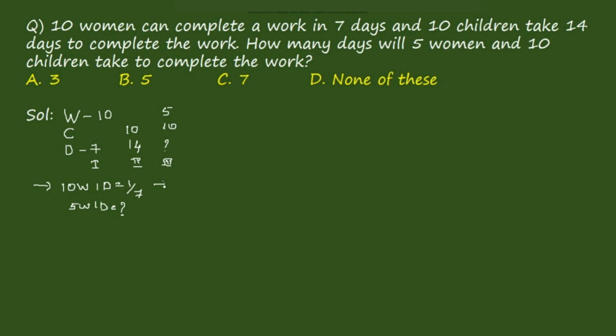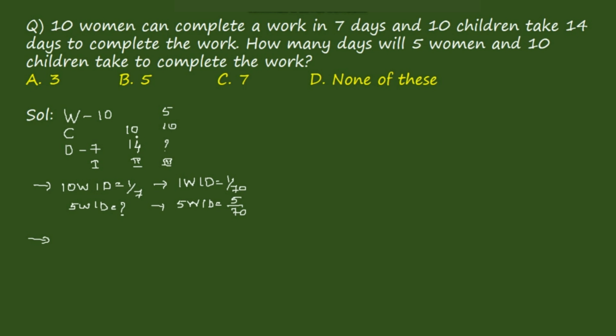From here we can remove 10, so 1 woman 1 day work is equal to 1 by 70. Then multiplying by 5 on both sides, 5 women 1 day work becomes 5 by 70.